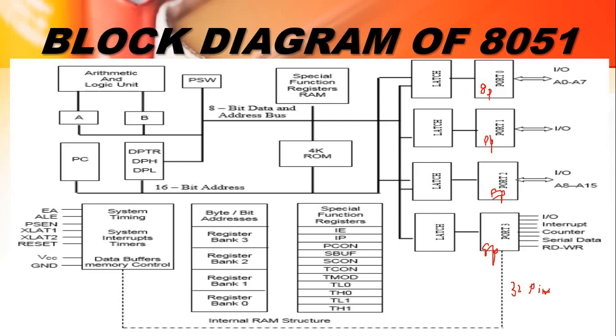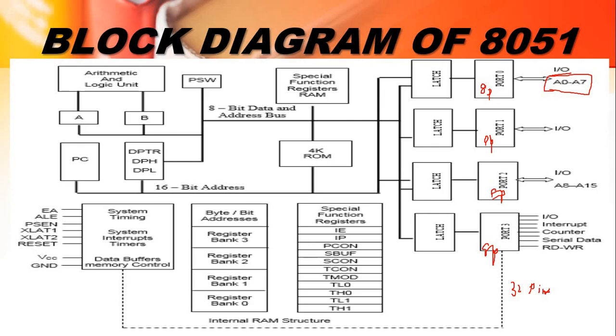And port 0 is mainly for IO operation as well as A0 to A7 operation. That is, it carries the address lines, which we can use in external connections also.